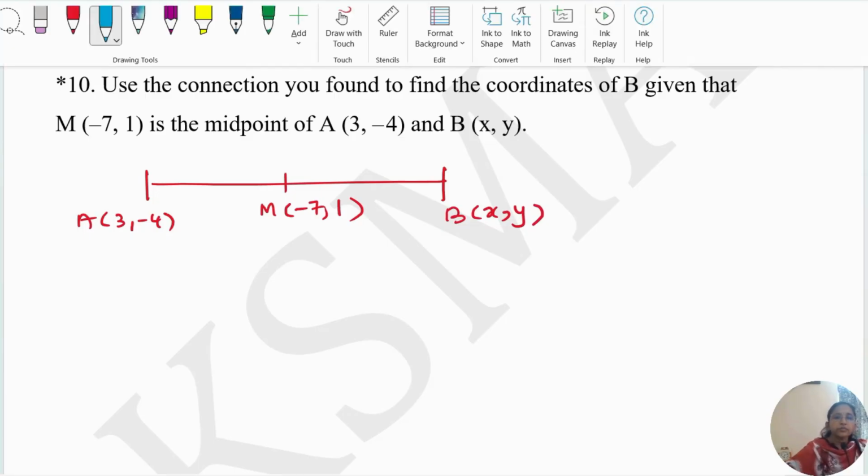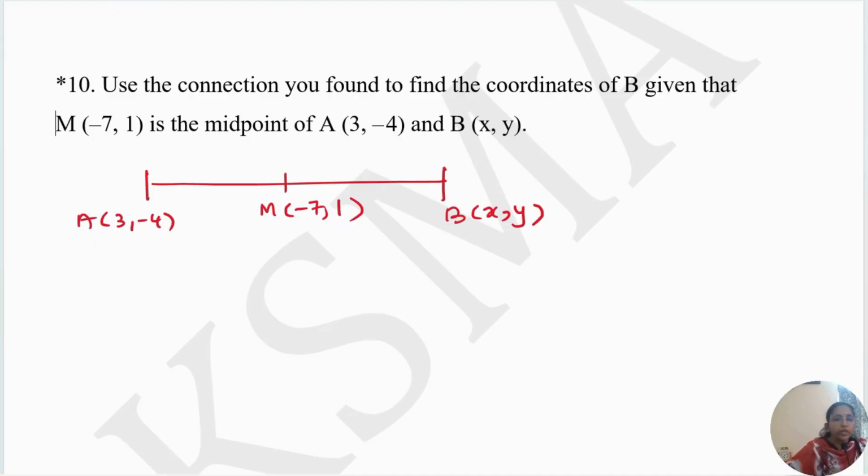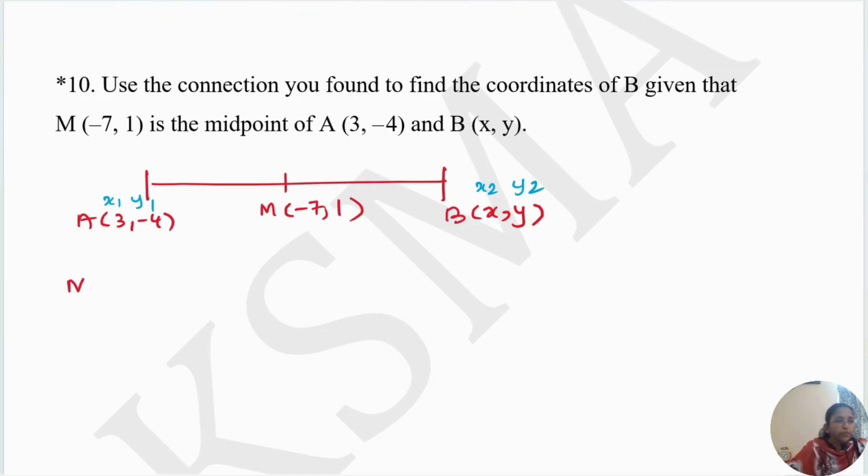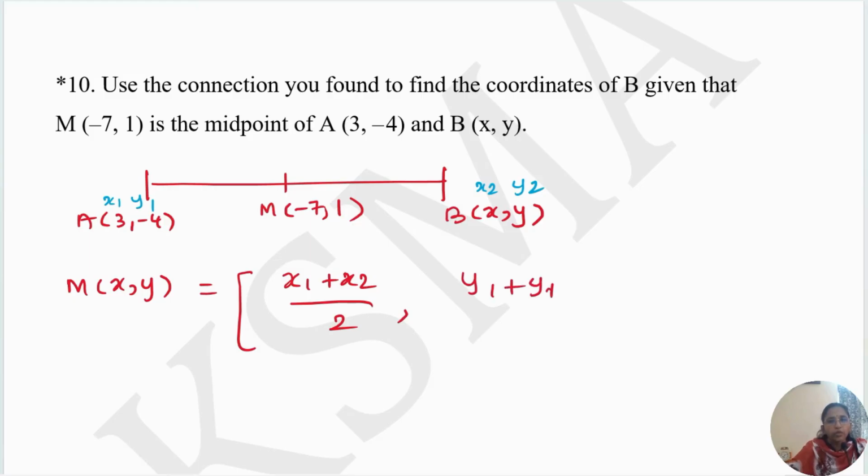So now we are given our midpoint data. You can consider this as your x1, y1, and this as your x2, y2. Now use your midpoint formula: M of (x, y) is equal to (x1 plus x2 divided by 2, y1 plus y2 divided by 2). So this is the way.